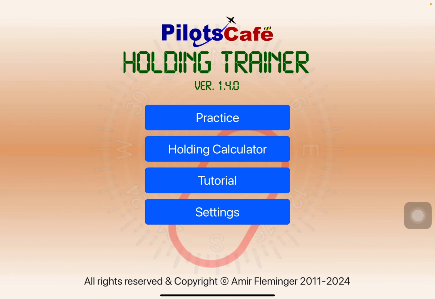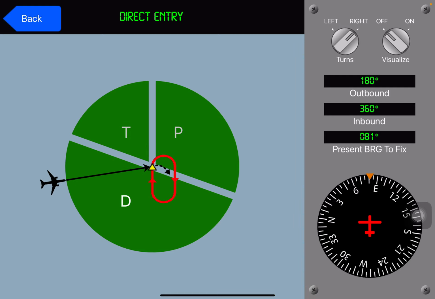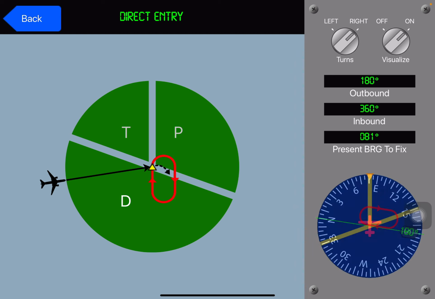The goal for an instrument rating applicant is to be able to visualize the red oval depicted in the holding computer on top of their heading indicator. That's what you aim for when you're training for your instrument rating.